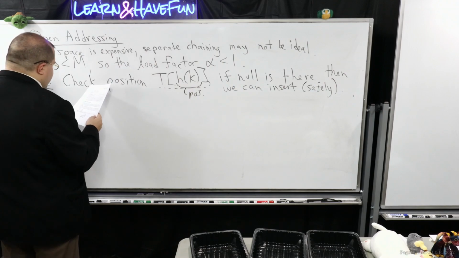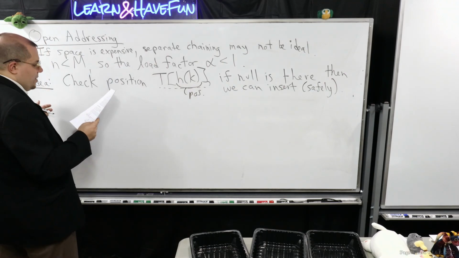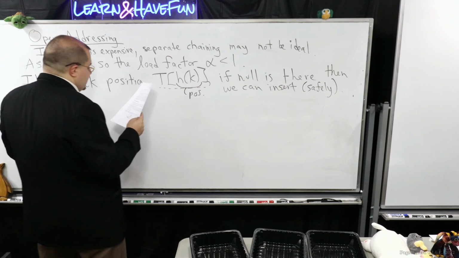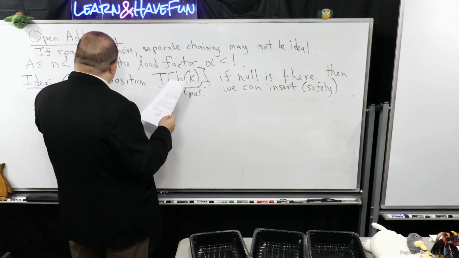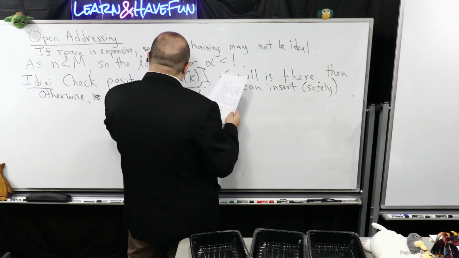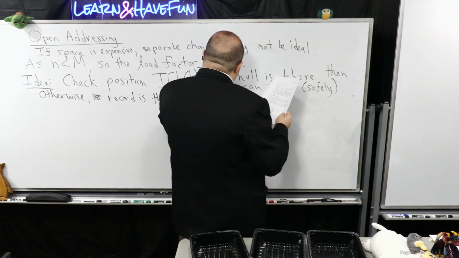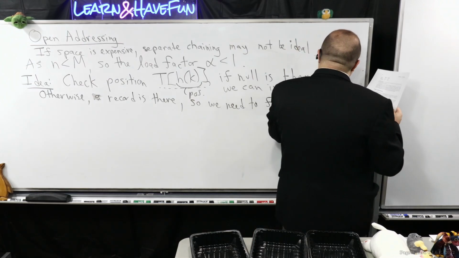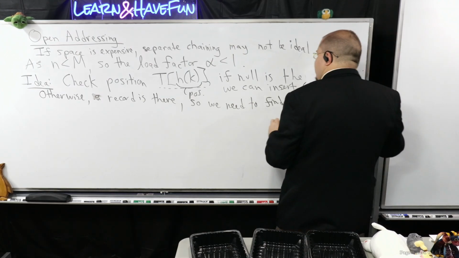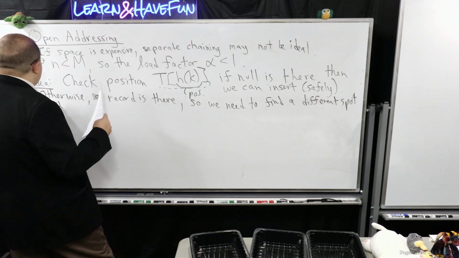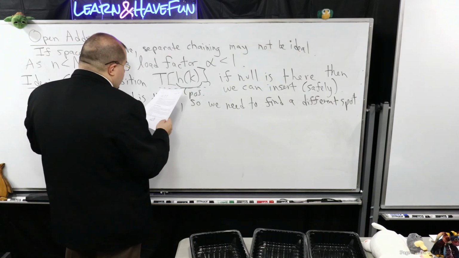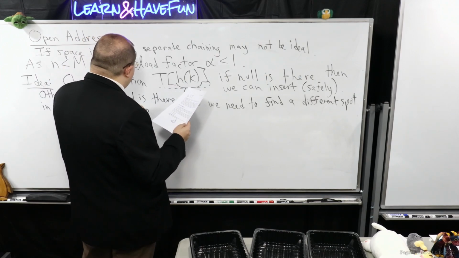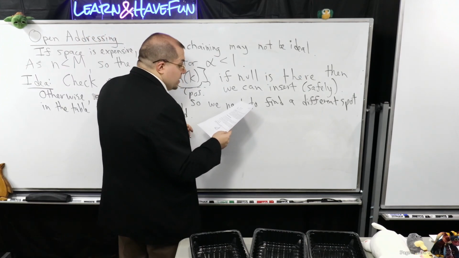Next, what if there already is a record there, a key-value pair? Otherwise, a record is there, so we need to find a different spot in the table to put our new record, right?